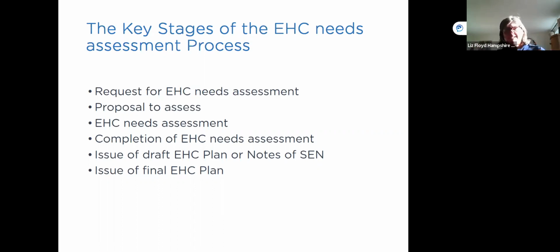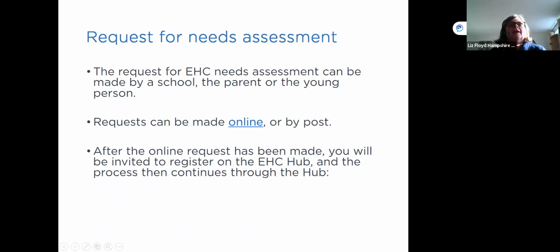And then there's the completion of the EHC Needs Assessment, and then they issue a draft plan, or if they decide not to issue an EHC plan, they might issue notes of SEN, which is otherwise known as a non-statutory EHC plan, which is a bit of a misnomer, and we'll talk about that if necessary, but I don't want to go off on a tangent. And then finally they issue the plan. So that's the stages, and you will find that it's very procedural, and it's best to approach it in a procedural way as well.